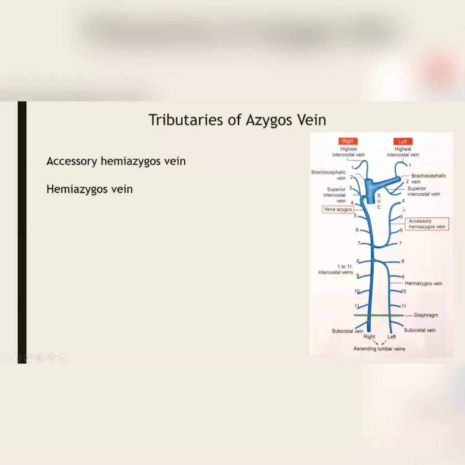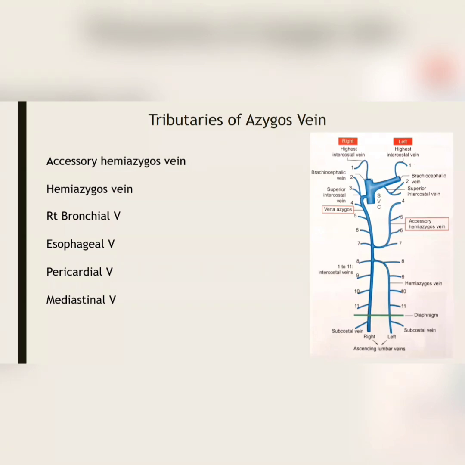Then if you look at this diagram, you can also see this is the hemiazygos vein on the left side. We'll be dealing with the hemiazygos vein in detail in a minute. This hemiazygos vein and accessory hemiazygos vein also drain into the azygos vein, and these are other tributaries of the azygos vein.